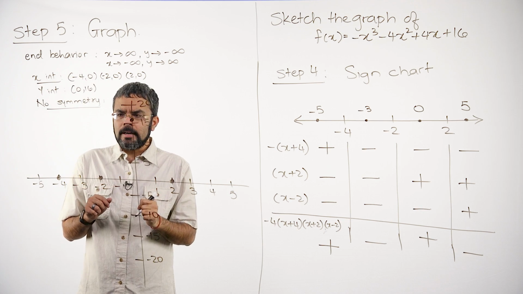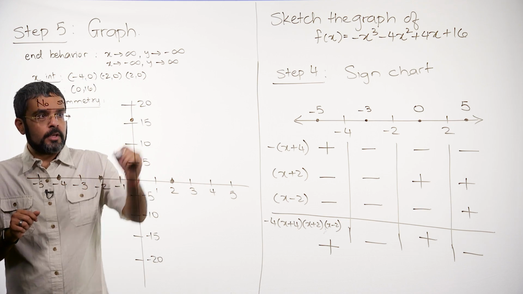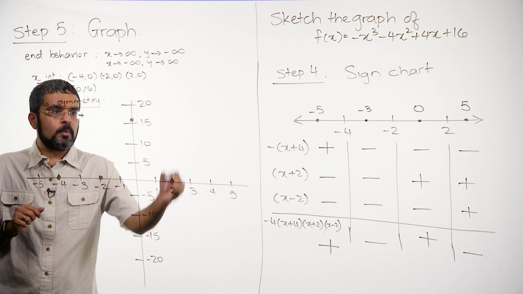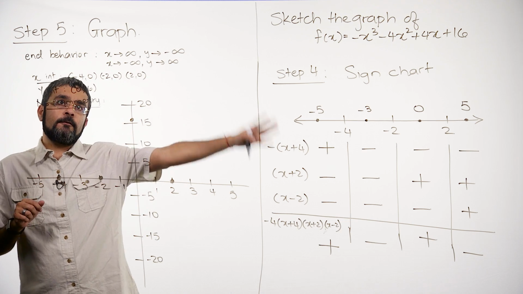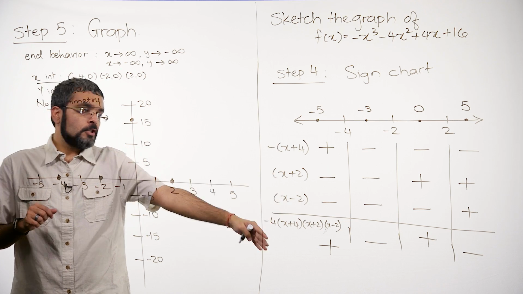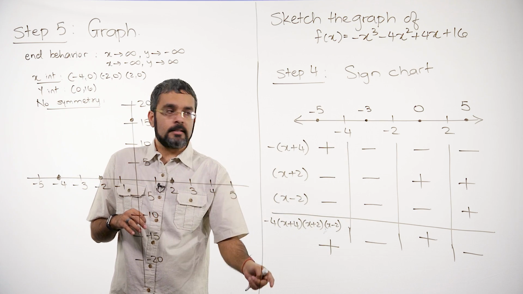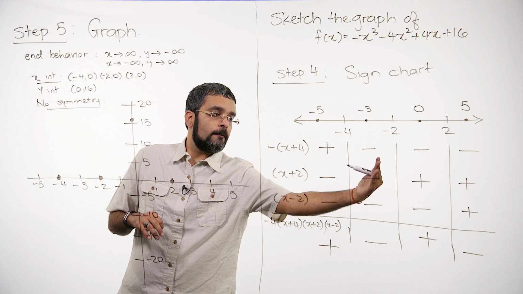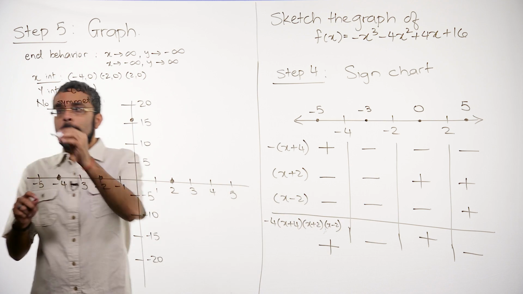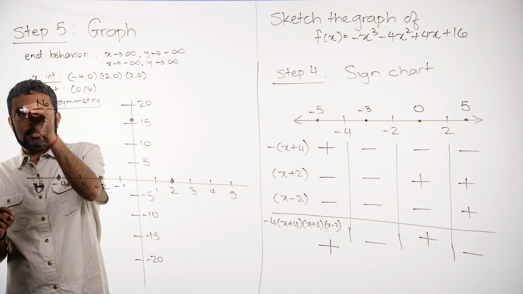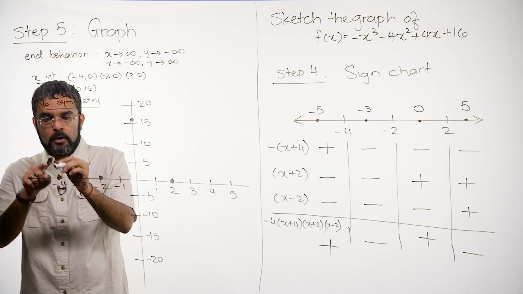Okay. Now the question is, does my function go this way or does it go this way? We don't know that, right? So that's where I refer back to my sign chart. It says that anything less than -4, my function is over the x-axis, and then once I cross -4, I go negative, right? So basically, I'm going to be above the x-axis to the left of -4. I'm going to come down.